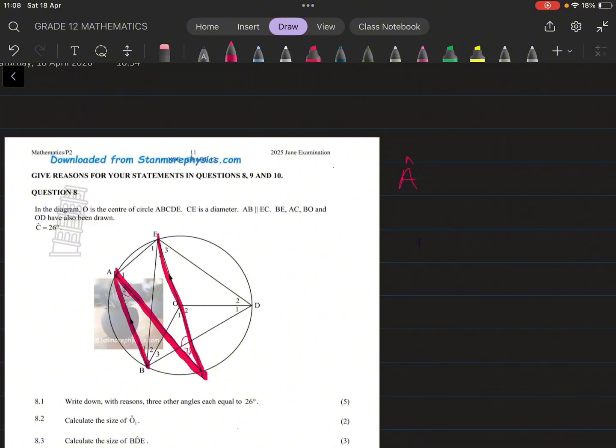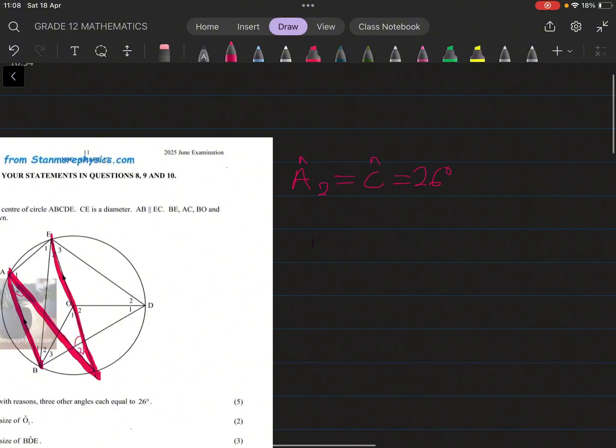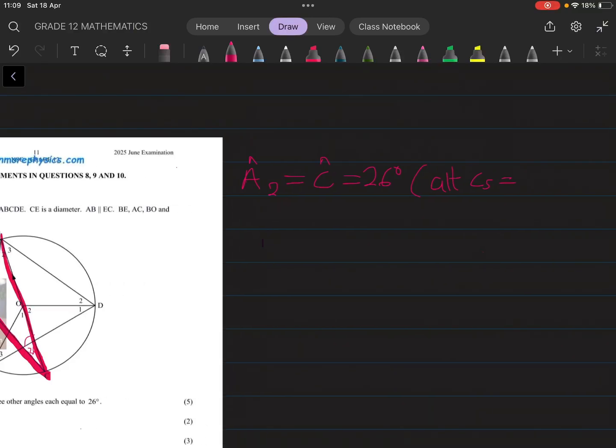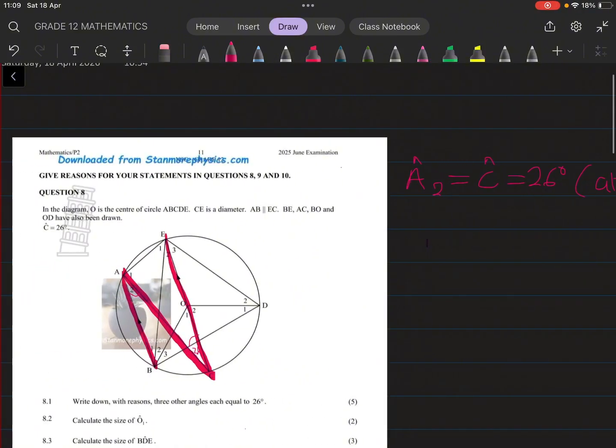Angle A2 will be equal to angle C, which is equal to 26 degrees. And then the reason will be the alternate angles are equal, because we were given that AB is parallel to EC.